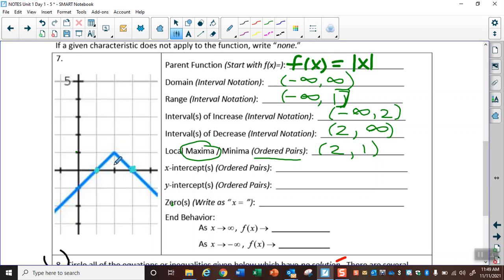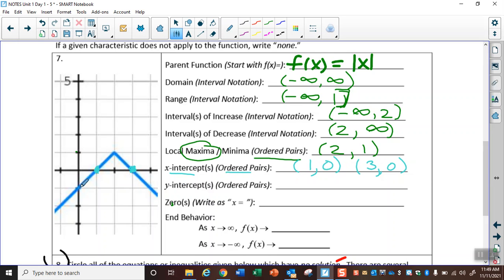All right, the x-intercepts are on the x-axis. So that would be, and it's an ordered pair, so that would be, let's see, this guy is over 1 and up 0. And this guy is over 1, 2, 3 and up 0. All right, so for your x-intercept, you have an x value, but the y value is 0.